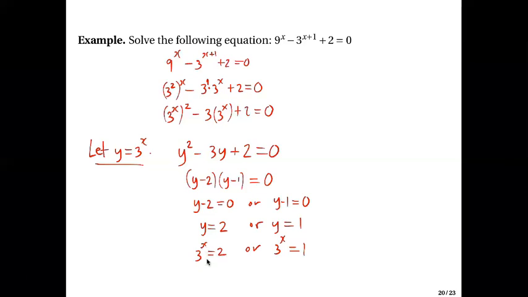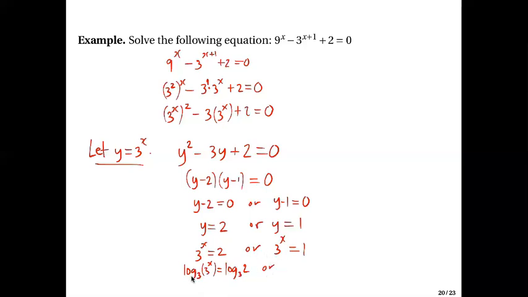For this, we can just take log base 3 of both sides of the equation. We have log base 3 of 3 to the x equals log base 3 of 2.